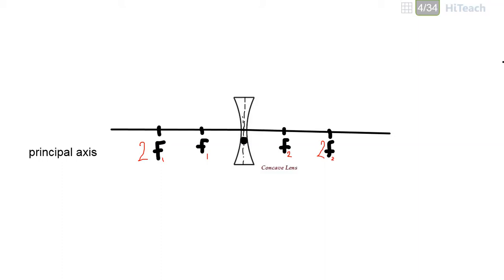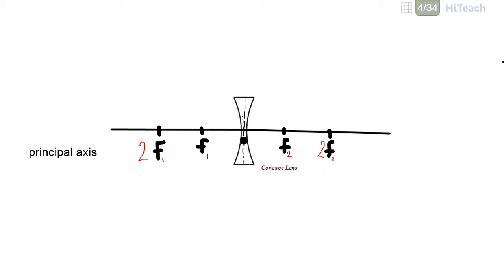The distance between F1 and 2F1 is also 2 centimeters, because the double side is double length. On the other side you have F2, and the distance between the optical center and F2 is 2 centimeters, and between F2 and 2F2 it should also be 2 centimeters. So these are the basic things to start drawing these rules.